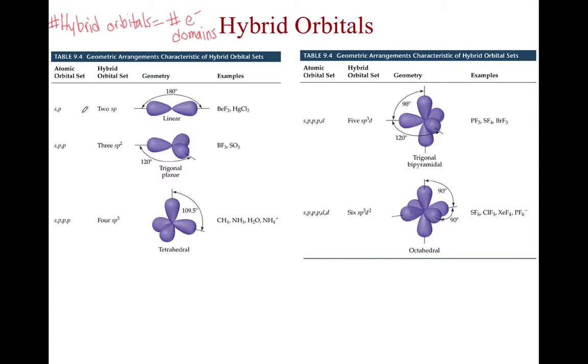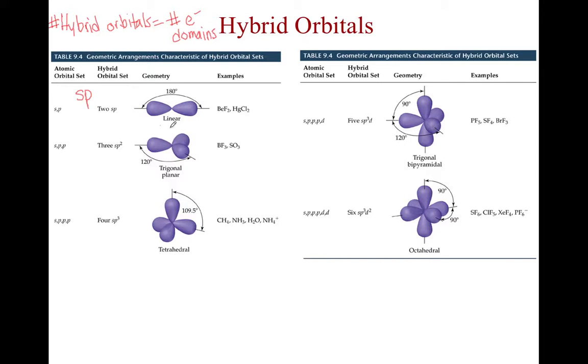Okay, so if you have 2 electron domains, you're going to have an overlap between the S and the P orbitals. So that is going to give you an SP hybridization. And so there are 2 SP hybrid orbitals.